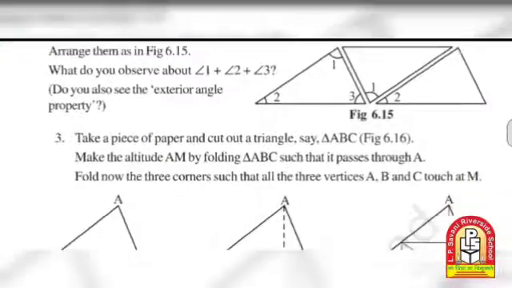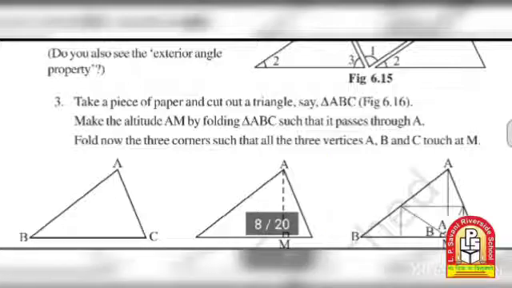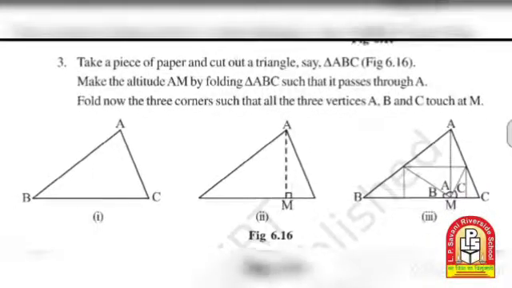Take a piece of paper and cut out a triangle, say triangle ABC, as in figure 6.16. Here we have to take only the altitude AM. Then fold the three corners such that all three vertices A, B and C touch at M. Here you have to find the vertices A, B, C and M like this.